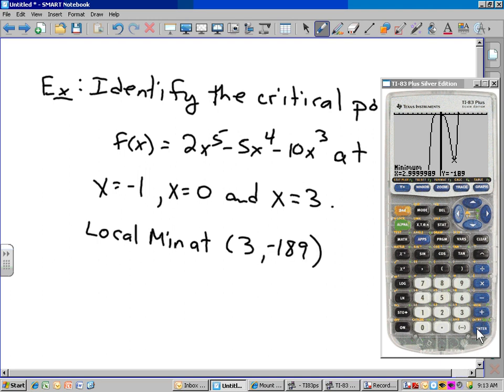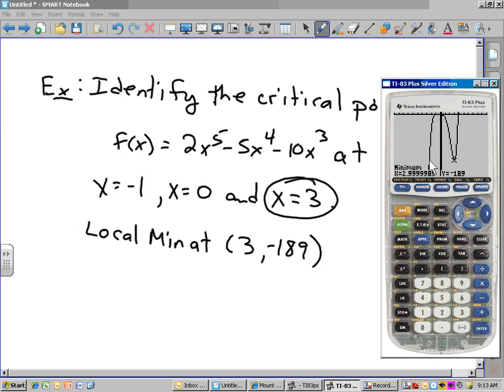So there's our x equals 3. That's taken care of. So we know there is a local min at x equals 3. Specifically, 3, negative 189. It's local because there is graph over here, as you can see, going lower than that minimum. Very good.